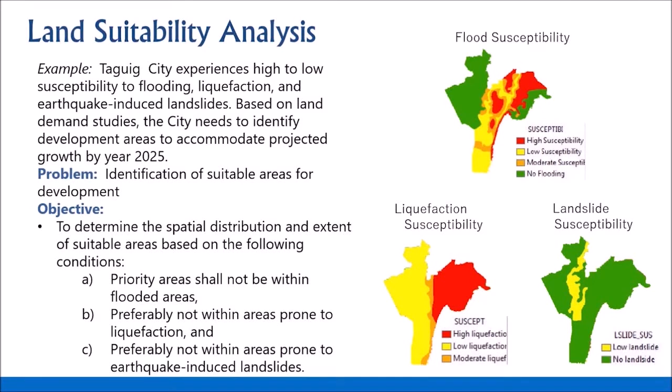B, not within areas prone to liquefaction. And C, not within areas prone to earthquake-induced landslide. So basically, we have three hazards here: flood, liquefaction, and earthquake-induced landslide. So we collect data, flood susceptibility data, liquefaction susceptibility data, and landslide susceptibility data, as shown here on your right.